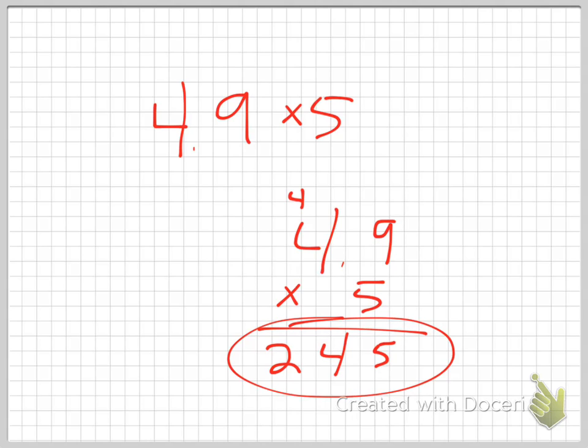Being able to estimate is so important because when you give an answer, you can quickly look at it and go, that doesn't make any sense. That's not even close. You see what I'm talking about? Being able to estimate makes things so much easier for math students because estimating doesn't give you the exact answer, but it can certainly eliminate wrong answers.